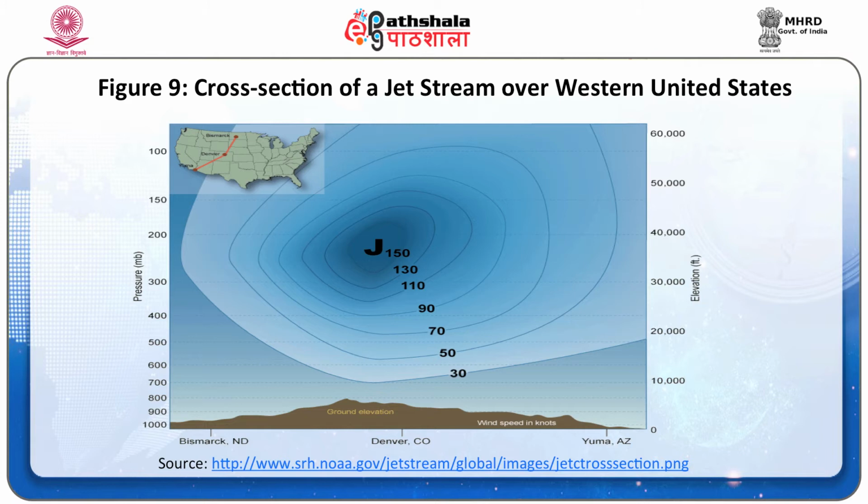In figure number 9, the cross section of the jet stream shows circular isotachs over western United States. Isotachs are lines joining places of equal wind velocity. The core at the height of about 11 km has the strongest winds at 150 knots or about 300 km per hour.